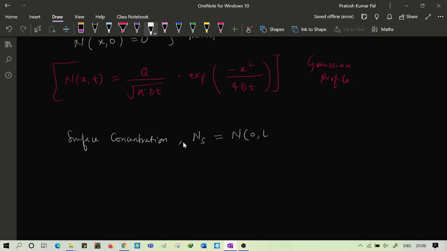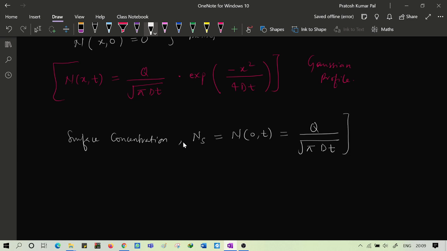So at x equals to 0, whatever the concentration is, that will be considered as Ns. This Ns value is given as Q by under root pi Dt. If we put x equals to 0 in this equation, we get the surface concentration as Q divided by this.